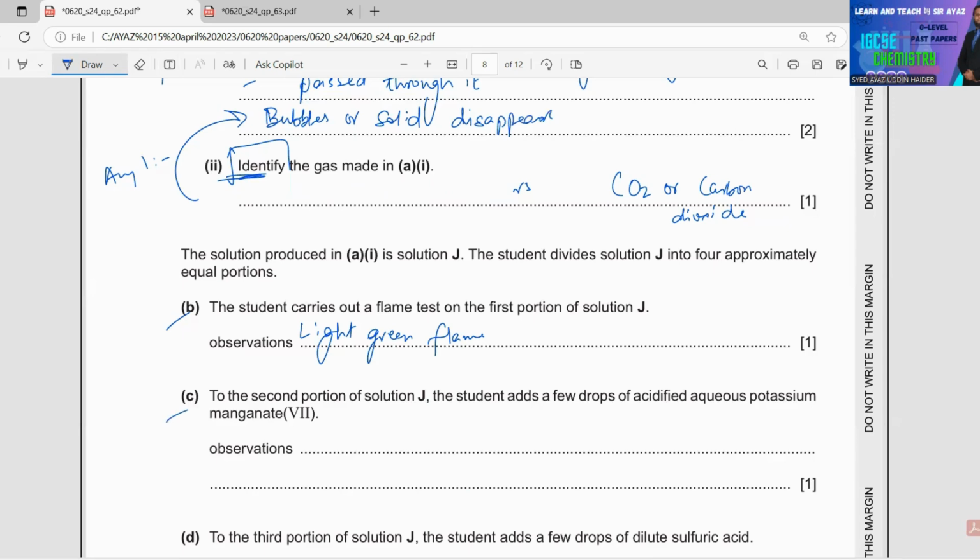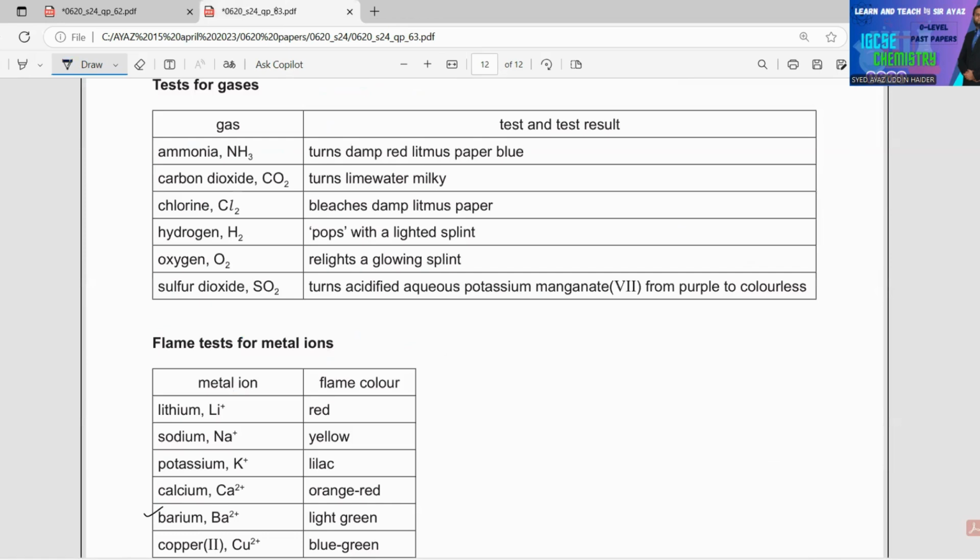C. To the second portion of solution J, the student adds a few drops of acidified aqueous potassium manganate 7. And they are talking about the observations. Acidified aqueous potassium manganate 7 is used for the presence of sulfite or sulfur dioxide gas.